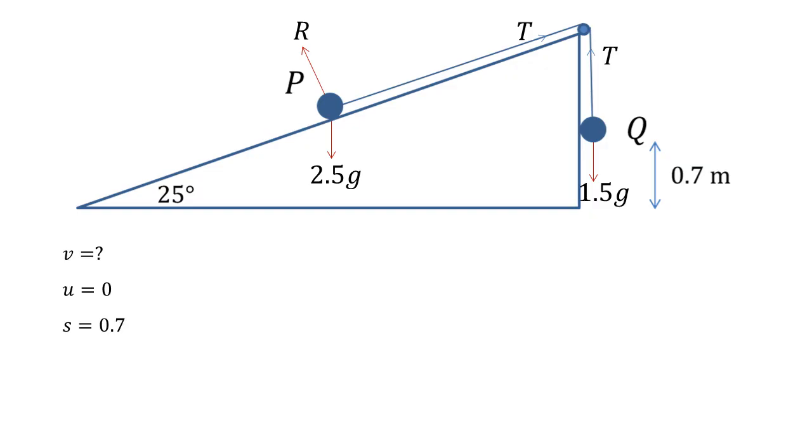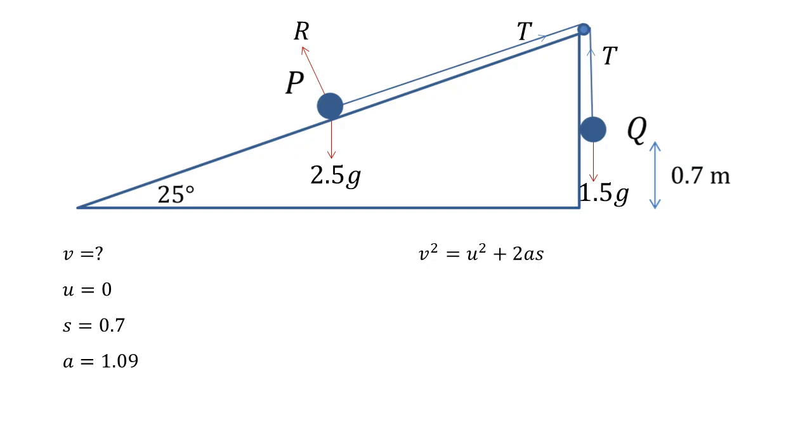We know S, the distance travelled, that's the 0.7 meters down to the ground. And we've just worked out the acceleration of the system, which is 1.09. So we need a SUVAT equation which contains v, u, s and a. We're going to use v squared equals u squared plus 2as.